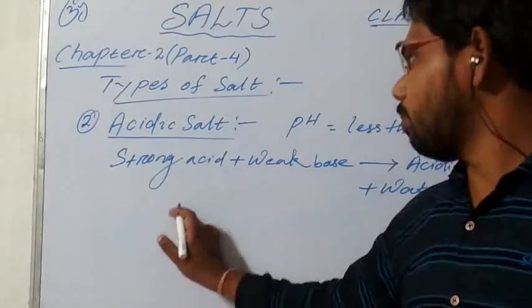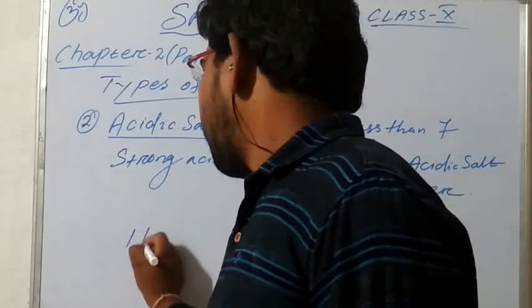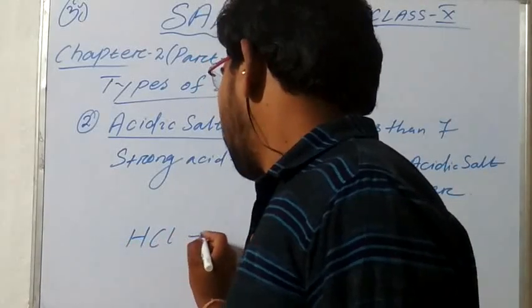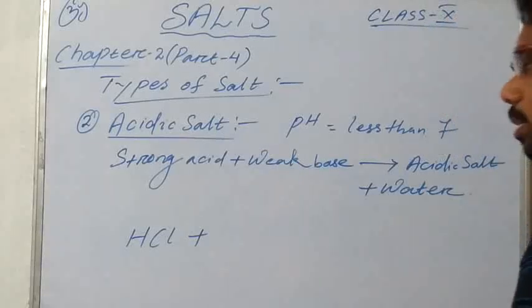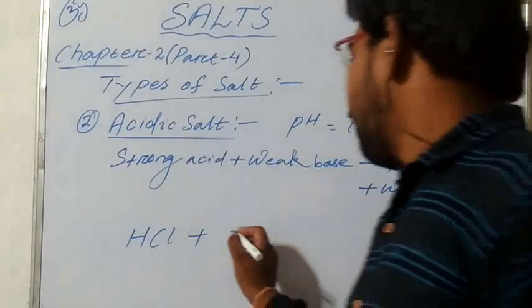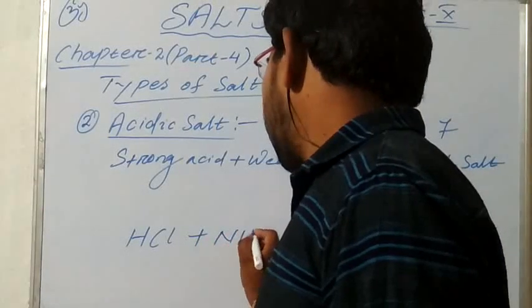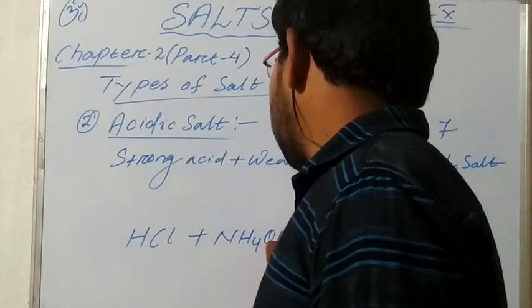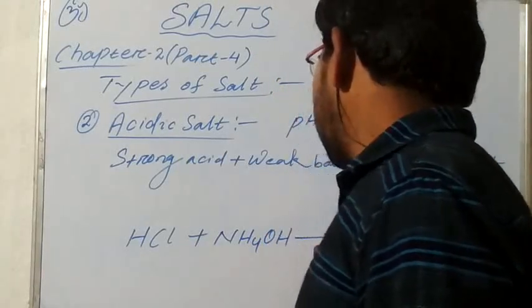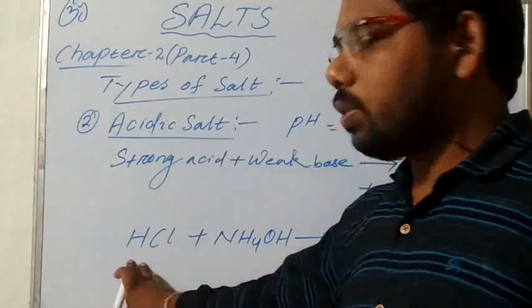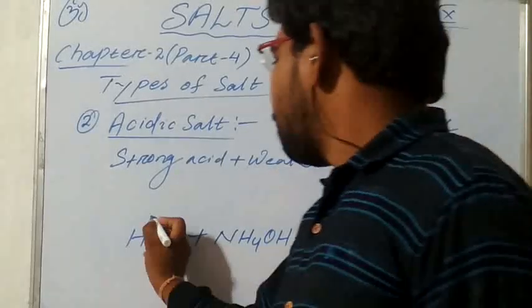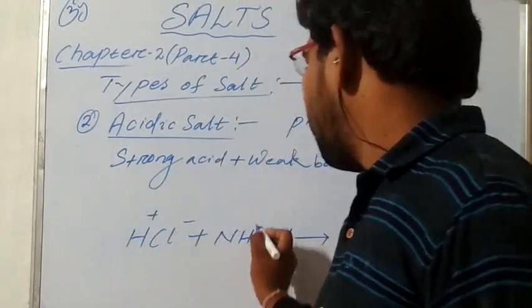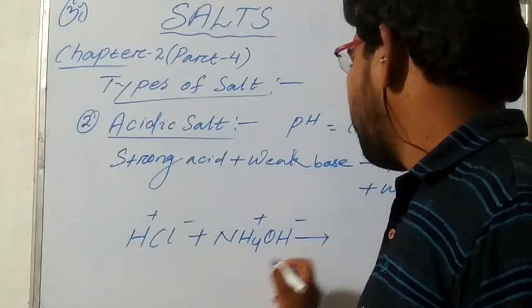We discuss one example: the strong acid is HCl, and the weak base is ammonium hydroxide, NH4OH. Here H plus ions and Cl minus ions are produced, along with ammonium ions and OH minus ions.